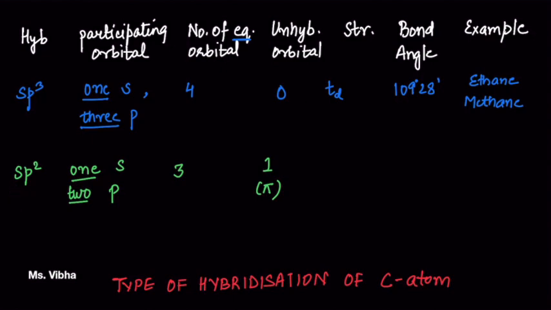Structure will be trigonal planar and the bond angle will be triangle की फॉर्म में है, तो of course the bond angle will be 120 and the example is ethene.